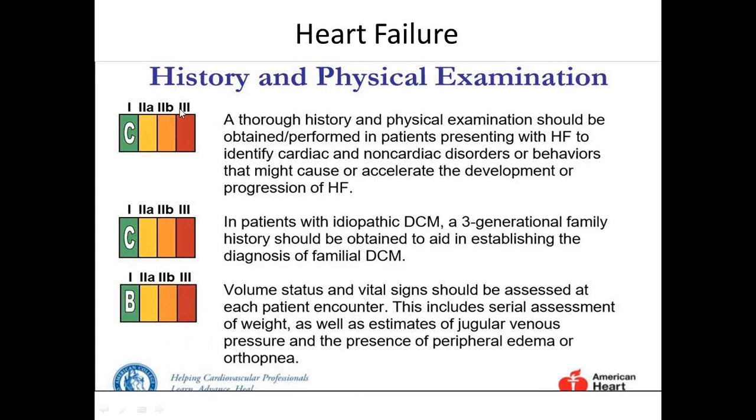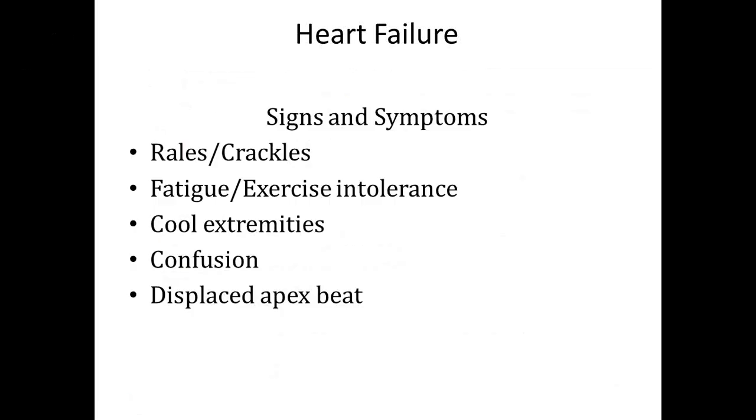Okay, and then you see there are some letters here, and these letters are what we call the level of evidence. So, if it has a class, the level of evidence is A, B, or C. And it basically goes by the amount of research and trials that lead us in that direction.